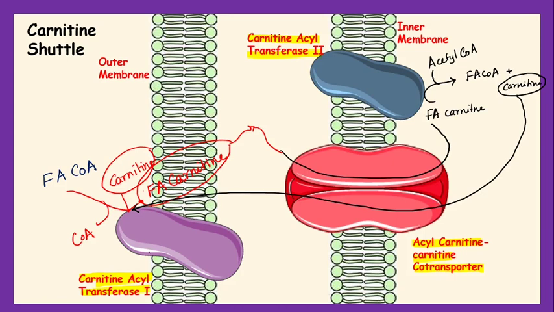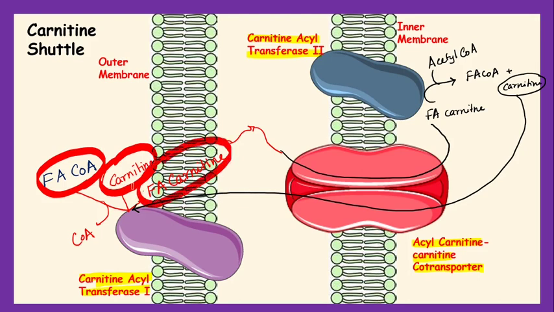So basically what's happening over here? A fatty acyl CoA molecule is coming up. With that, a carnitine molecule is binding and it's forming a fatty acyl carnitine, right? And the CoA molecule is being released out. Now this fatty acyl carnitine is diffusing through the intermembrane space and gets transported through the co-transporter into the matrix of the mitochondria.